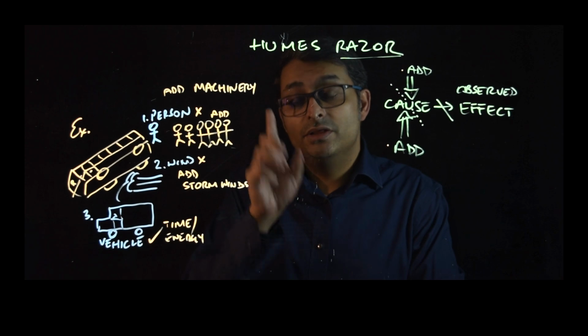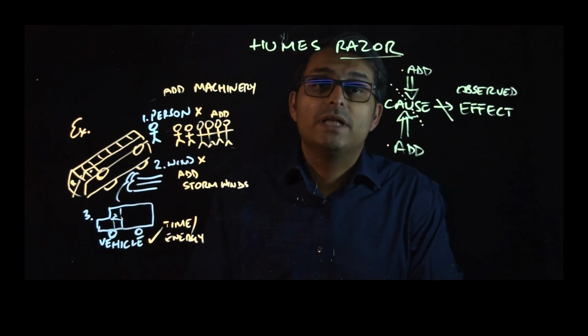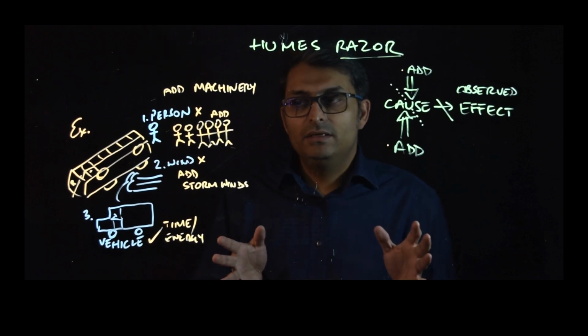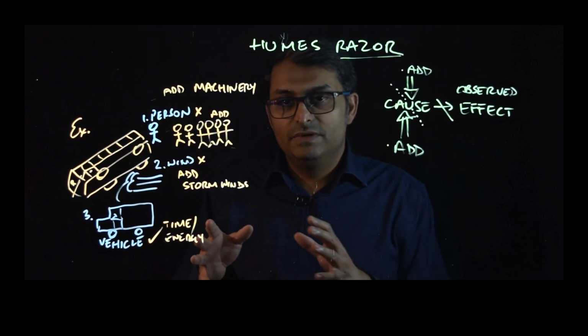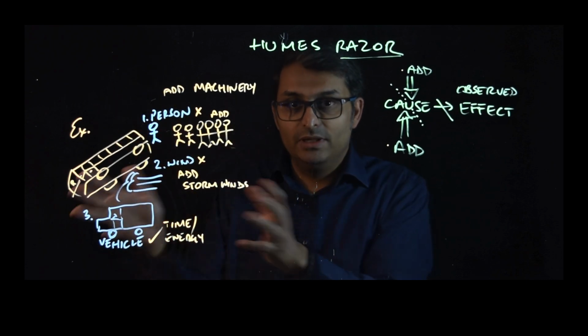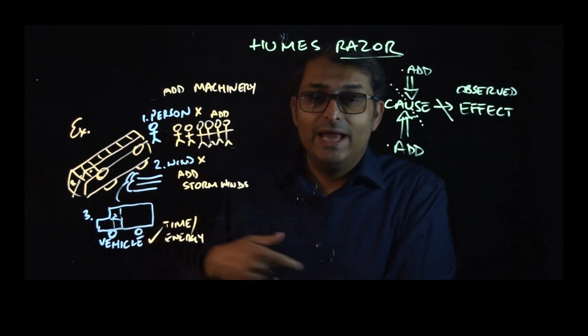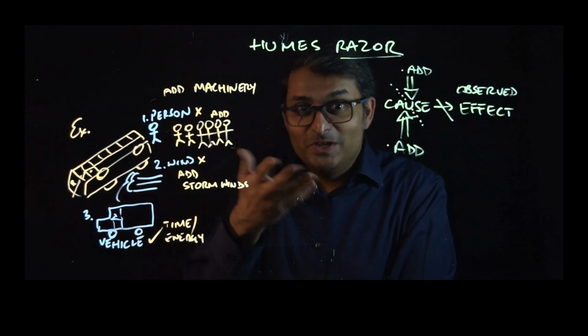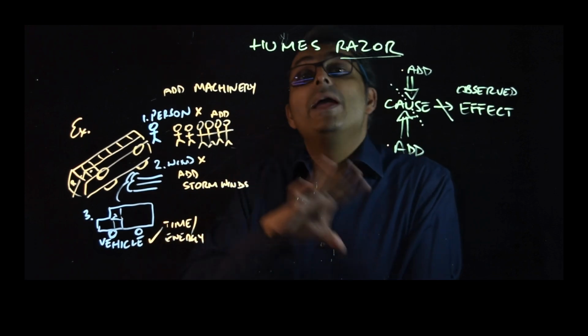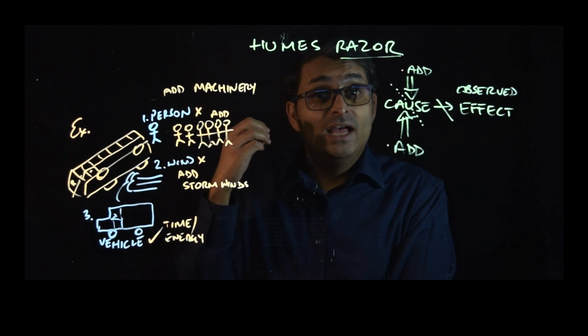But this razor becomes that much more powerful when we apply it. Now, you might be thinking, I've just left this example hanging at number 3, and I didn't actually tell you what the actual reason was. But I just wanted to say that's where this razor ends.